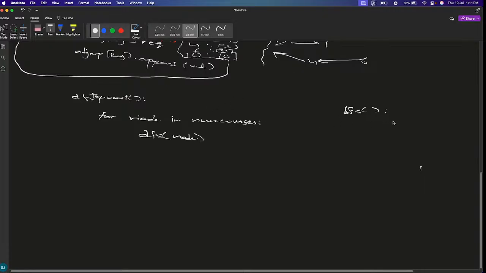We could have visited of n equal to true, and then we'll start with the for loop.